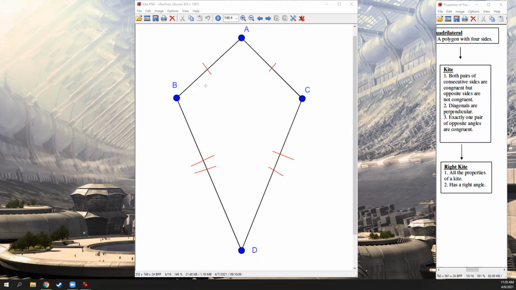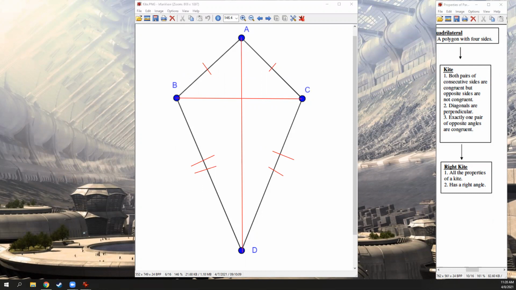It says the diagonals are perpendicular, so they form 90-degree angles. So when you draw these lines, they're going to form a 90-degree angle, and yeah, of course they do, because it is a gorgeous little cross of 90 degrees. That's also where the sticks would be if this was a real kite. You put the sticks in this exact fashion. And then exactly 1 pair of opposite angles are congruent.